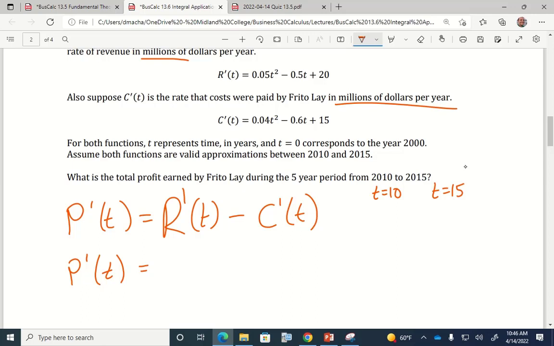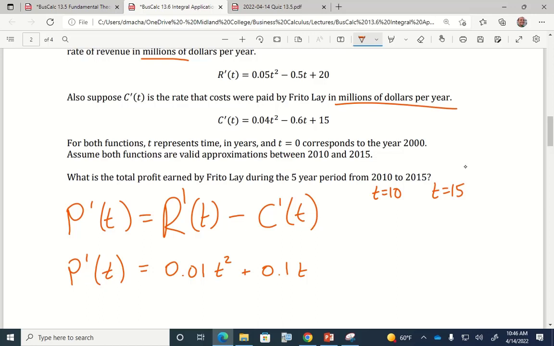And so I would do 0.05 t squared minus 0.04 t squared, and that would give me 0.01 t squared, because I'm doing revenue minus costs. And then for my t terms, I've got negative 0.05 t minus negative 0.06 t, and that's going to be plus 0.01 t.